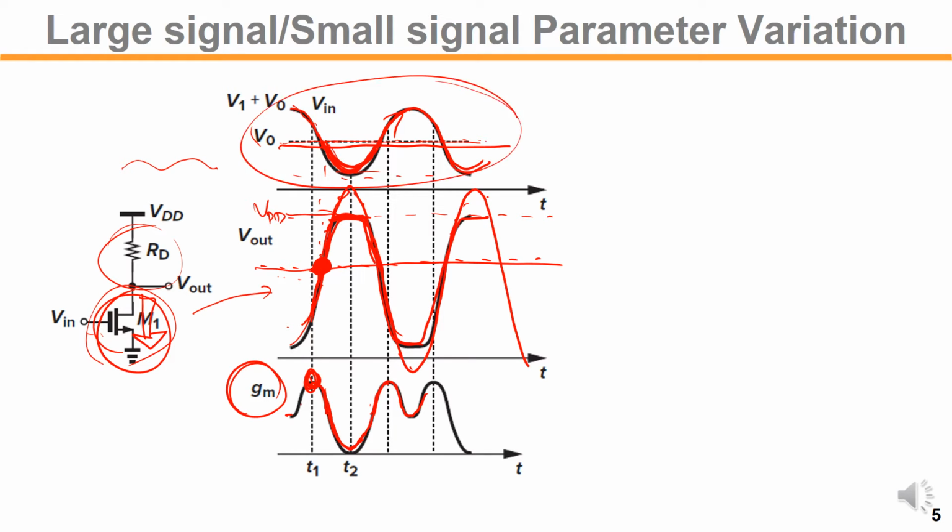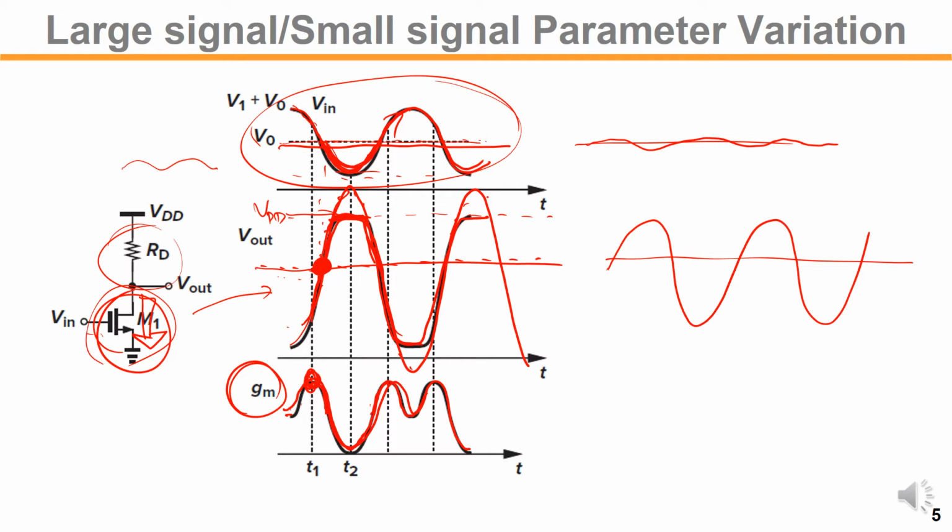So if you apply a large signal on the gate, your actual GM, the small signal parameter transconductance, is moving around. But if you apply an appropriate small signal onto the gate, your output is well within the operating region, and your GM variation will be limited.